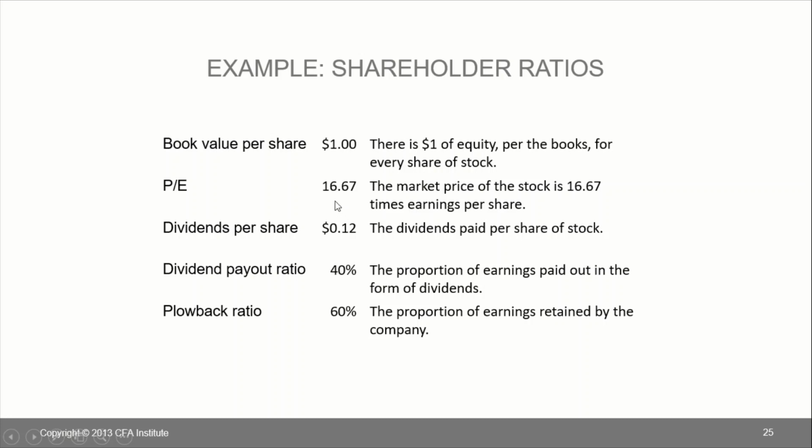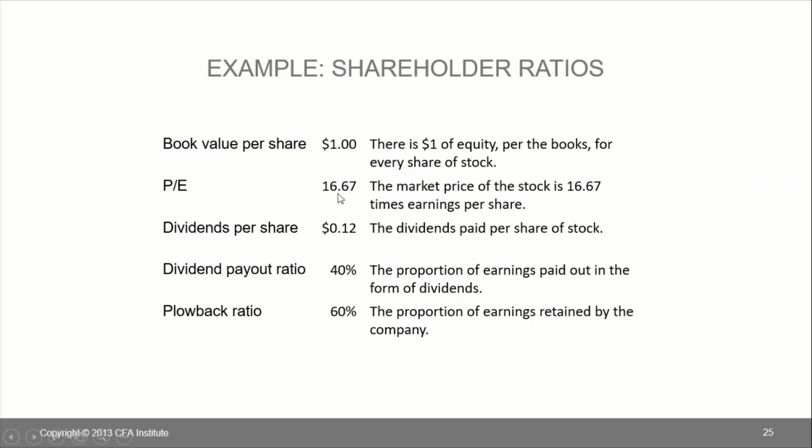Okay, so this number will only be valuable if you try to compare it to similar firms within the same industry. So if this is 16.67 but the other firms are only selling at 14 or 13, this is very expensive. But if this 16.67 is compared to the peer group or the other firms within the industry, and they are at 20 or 21, this is cheaper.